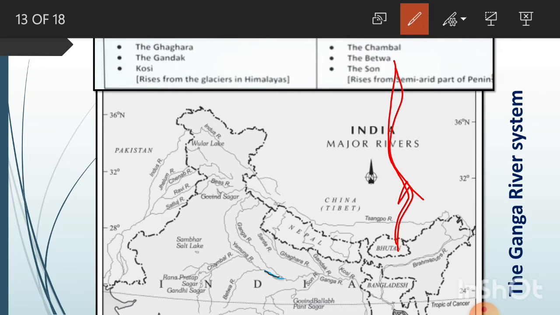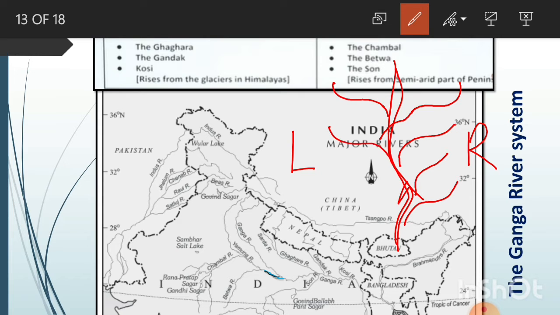The left side of this river is this and the right side of the river is this. So when a tributary joins the main stream at the right bank, it is the right bank tributary, and when it joins at the left bank, it is the left bank tributary of a river.